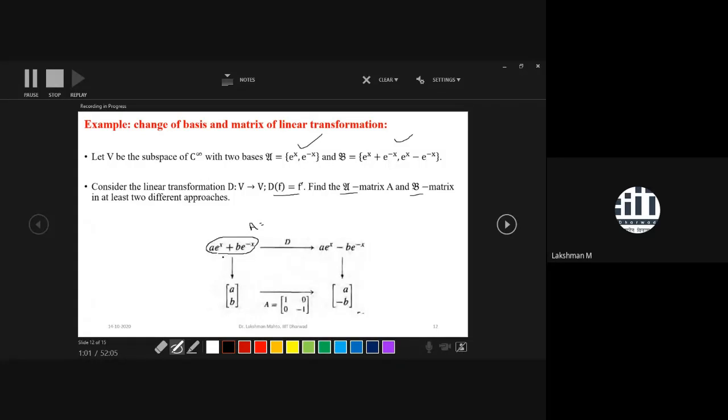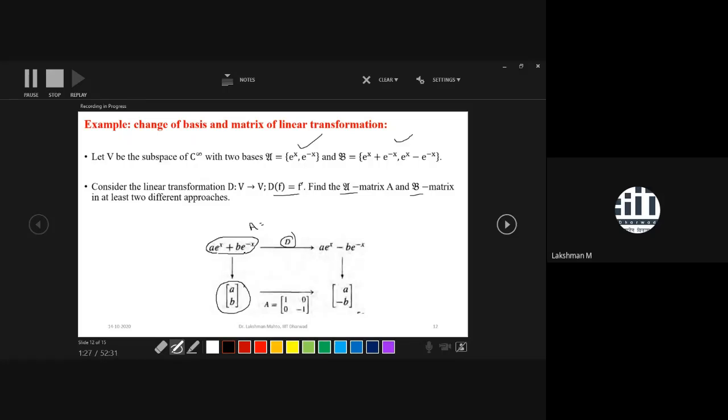So a general element is a linear combination of the basis elements, and that defines the coordinate of that element from V. Similarly, you apply the linear transformation, the derivative operation, over this general element, so you need to differentiate it.